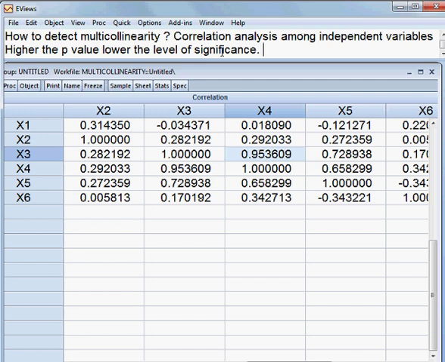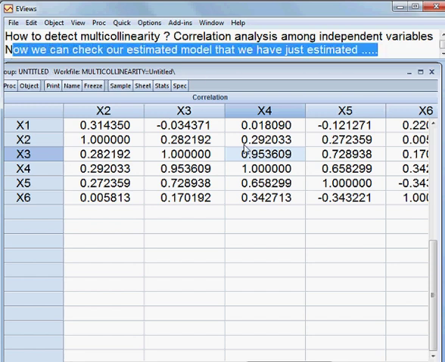So now we can check our model to see which has the higher p-value. Now we can check our estimated model that we have just estimated, right?